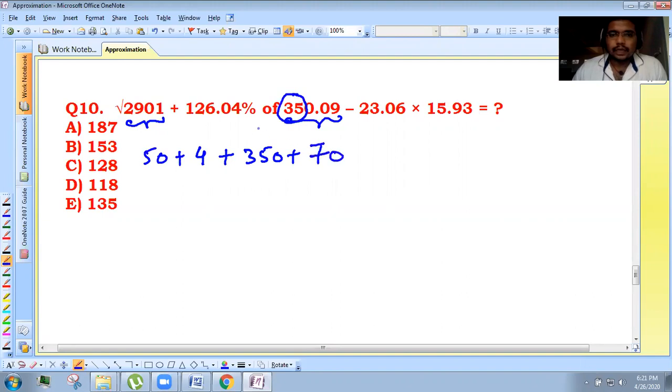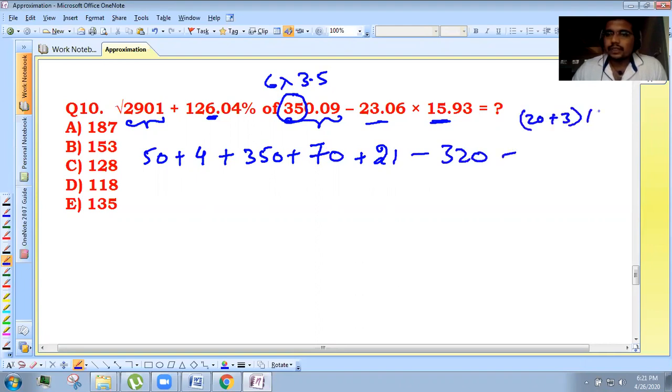You calculated 120, but 6 percentage extra. 1 percentage is what? 3.5. 6 percentage means 6 into 3.5. That is 21, minus 23 into 16. 20 16s are 320. 20 16s are 20 plus 3 into 16. 16 3s are 48. This is your answer.